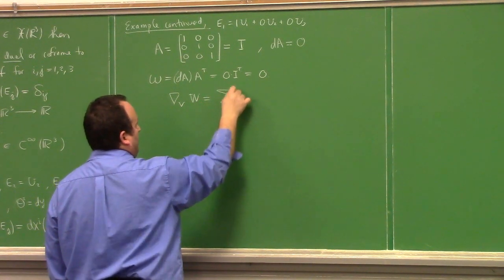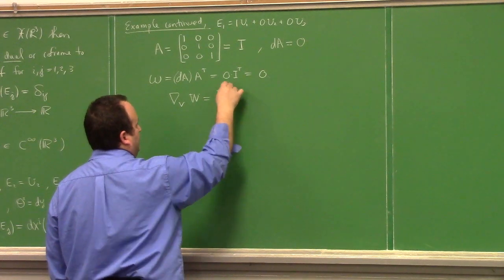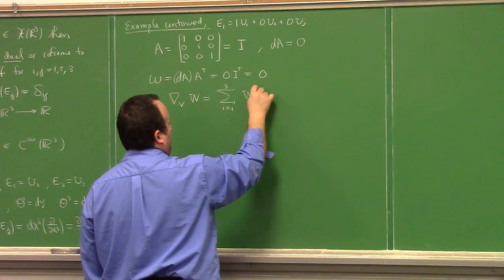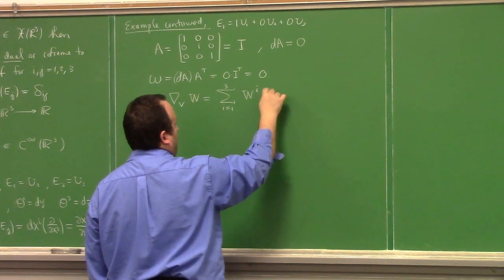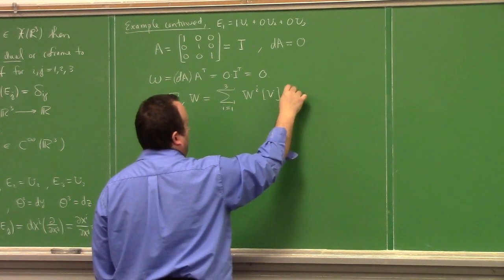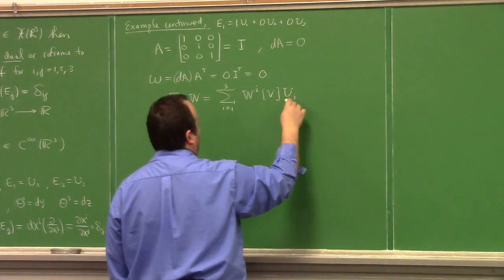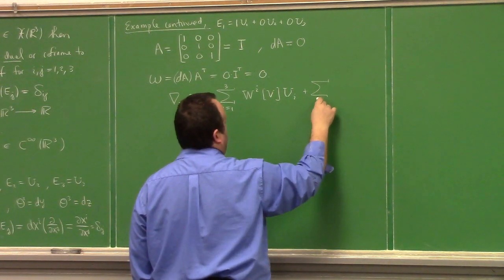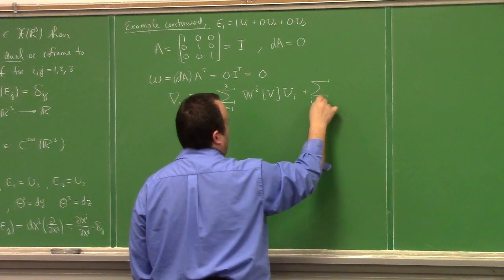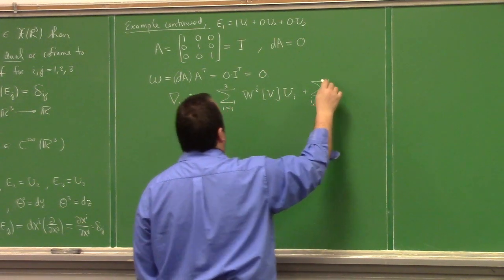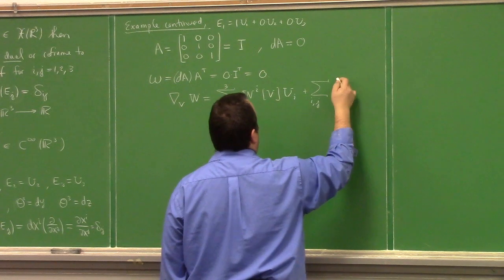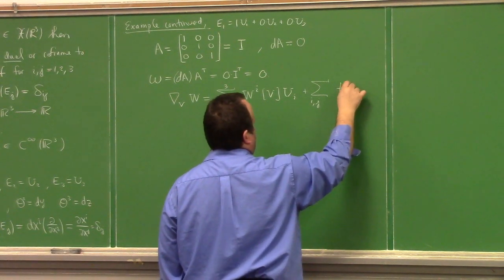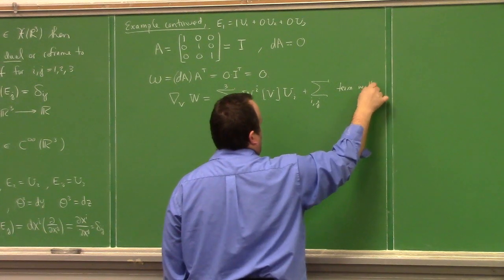It's the sum, I equals 1 to 3, of Wi acting on V, Ui, right, plus, generically speaking, we get some interesting stuff over here, the sum over I and j of a term with omega.